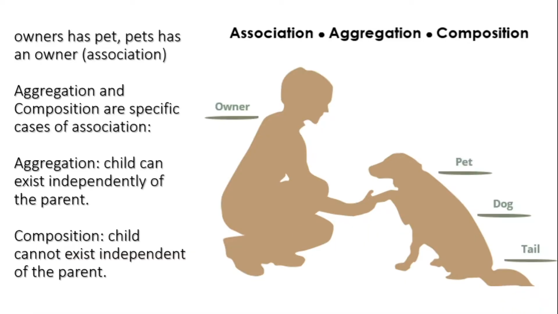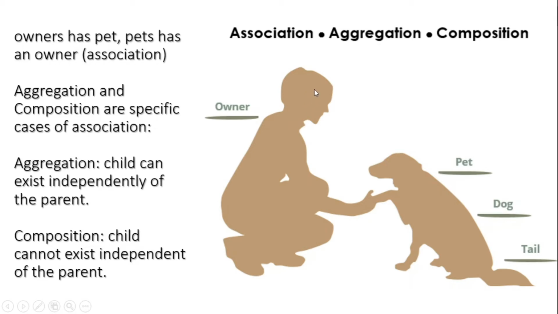Just remember, whenever you have two classes and there's a relationship between them, it could be unidirectional or bidirectional, and one of them is going to be a child and the other a parent. We describe association as an object having a data member which is an object of another class. Let's call this lady Susan.